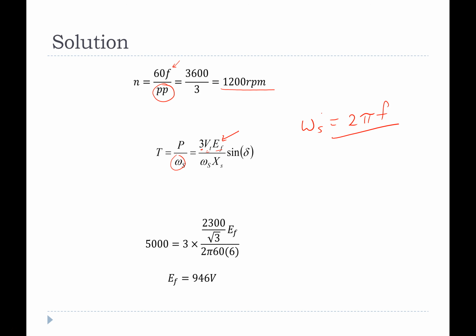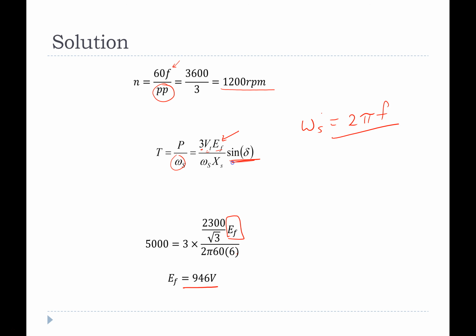So I have here the 5000, which is my load torque, equal to 3 times VT, which is 2300 on root 3, times EF, over 2 pi 60 multiplied by 6, which is my XS. So I just make EF the subject of the formula, and then I get 946 volts as the minimum excitation.